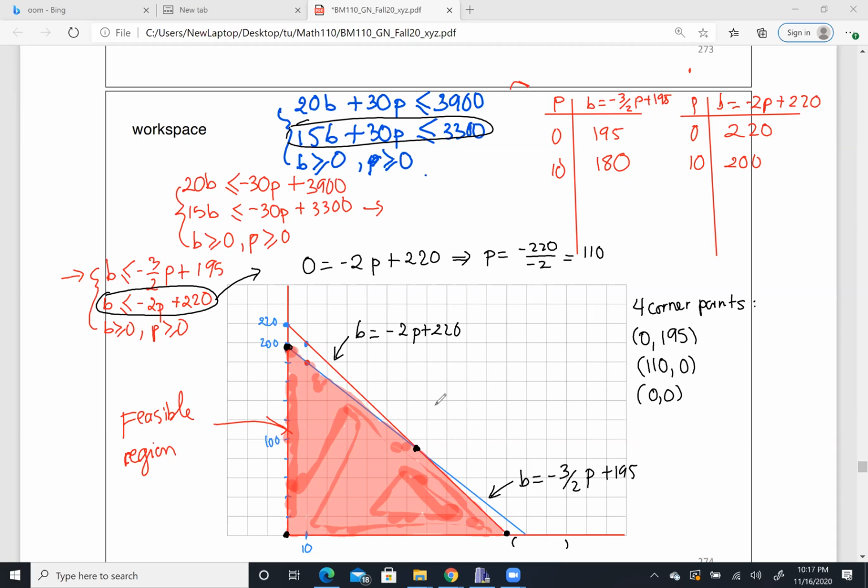The only one in here is the intersection one. We need to solve the system of equations: b equals negative 3 halves p plus 195, and b equals negative 2p plus 220.